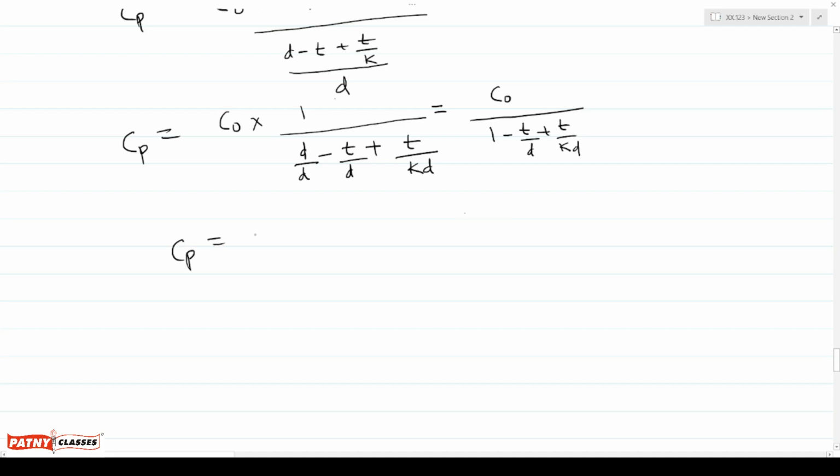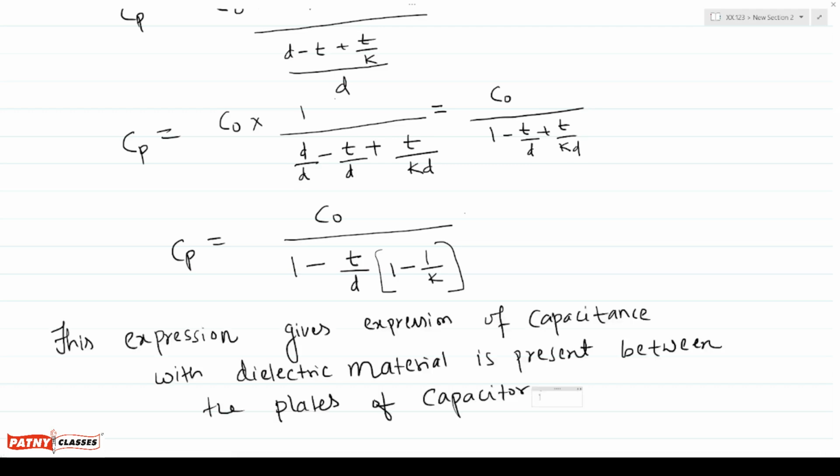So Cp equals C naught upon 1 minus, and T upon D can be taken common, so we get 1 minus 1 upon K. This gives the expression for capacitance when dielectric material is present between the plates of the capacitor.